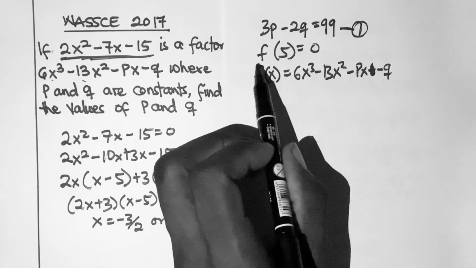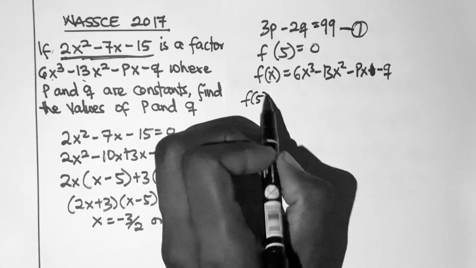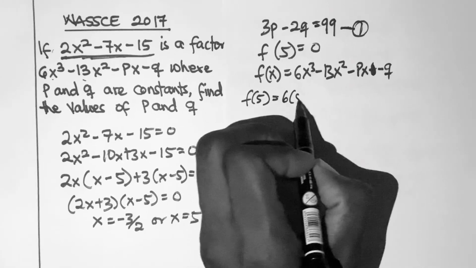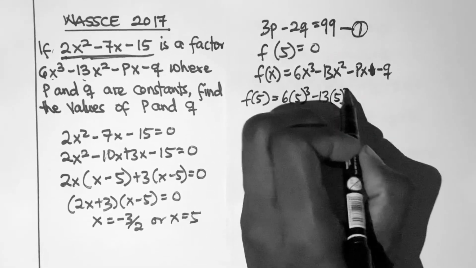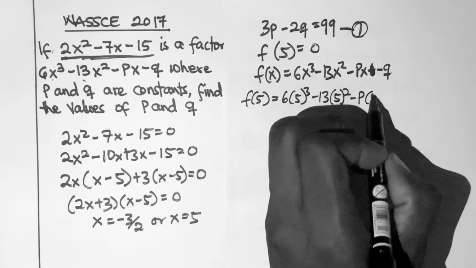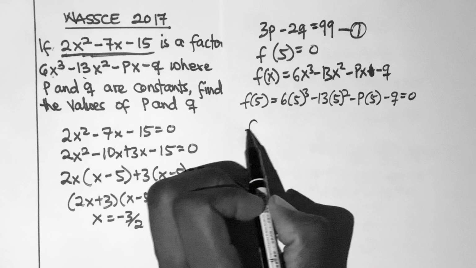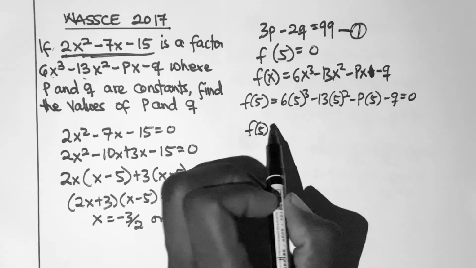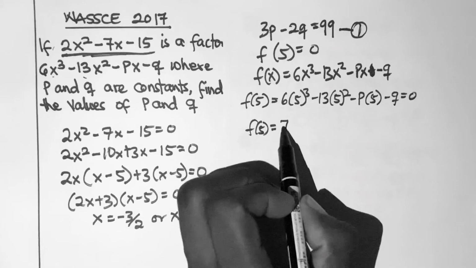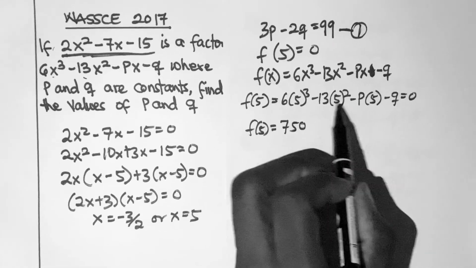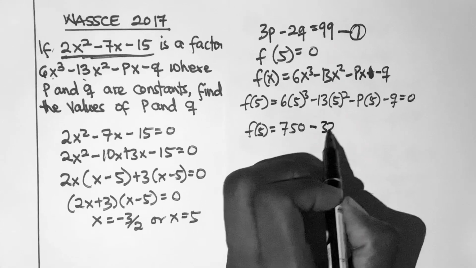But we also established that f of 5 equals 0. So let's find f of 5. So f of 5 is equal to 6 times 5 cubed minus 13 times 5 squared minus p times 5 minus q, and this is equal to 0. So 5 cubed is 125 times 6 will give us 750. Then 5 squared is 25 times 13 becomes minus 325.